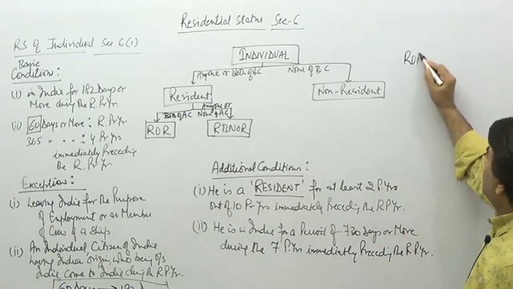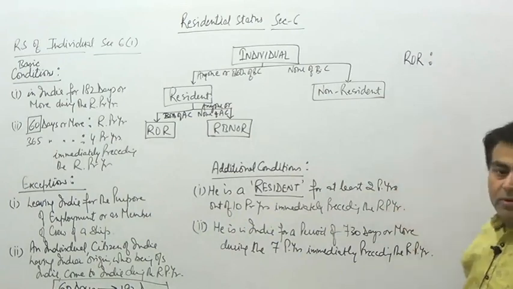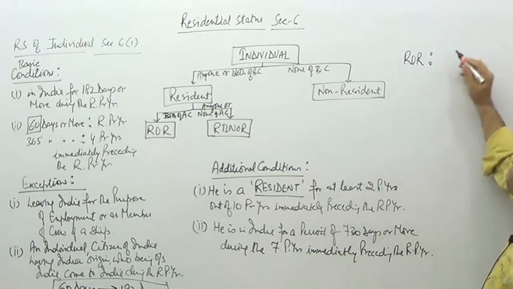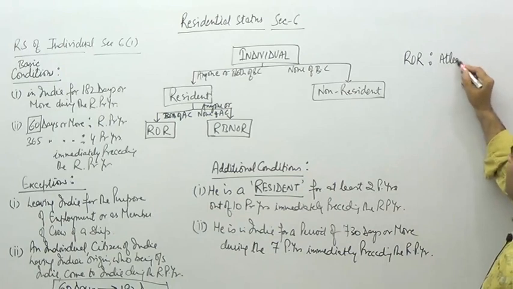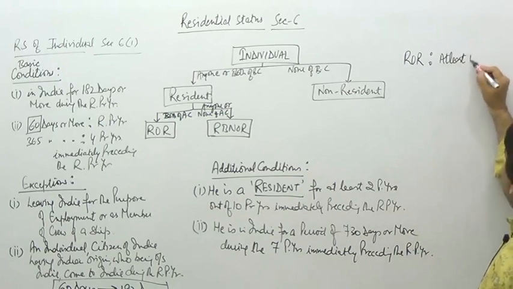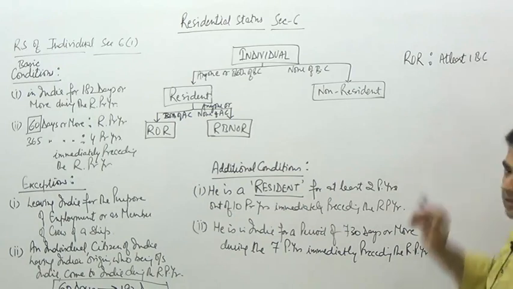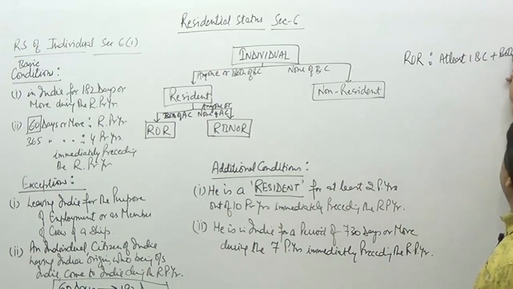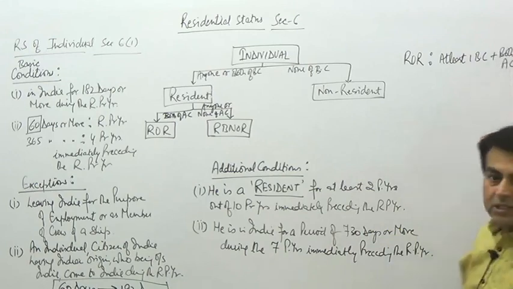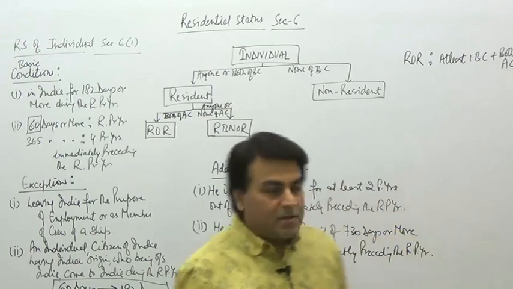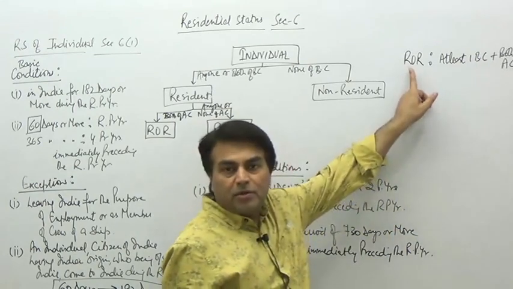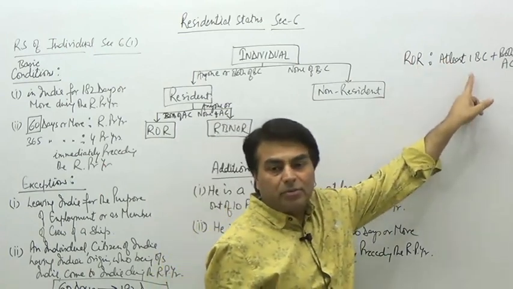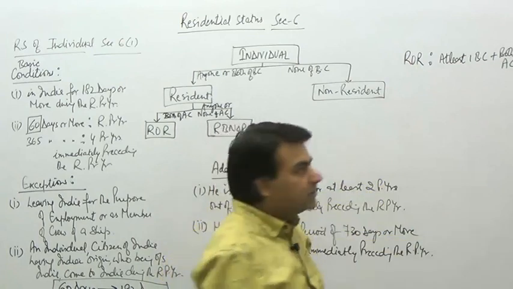For ROR, how would an individual become ROR? For that, he would have to satisfy at least one basic condition plus both of the additional conditions.